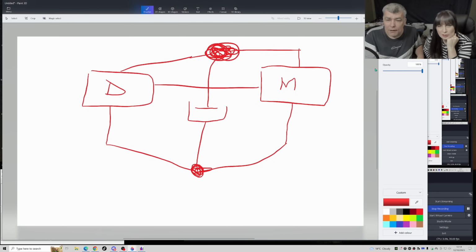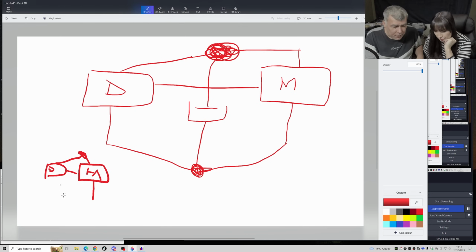Okay, let me draw your actual schematic. So your actual is you have the driver, which is connected with the MOSFET and whatever that MOSFET is doing. It's good because you connect the capacitor here, but the minus of the MOSFET, pay attention here.